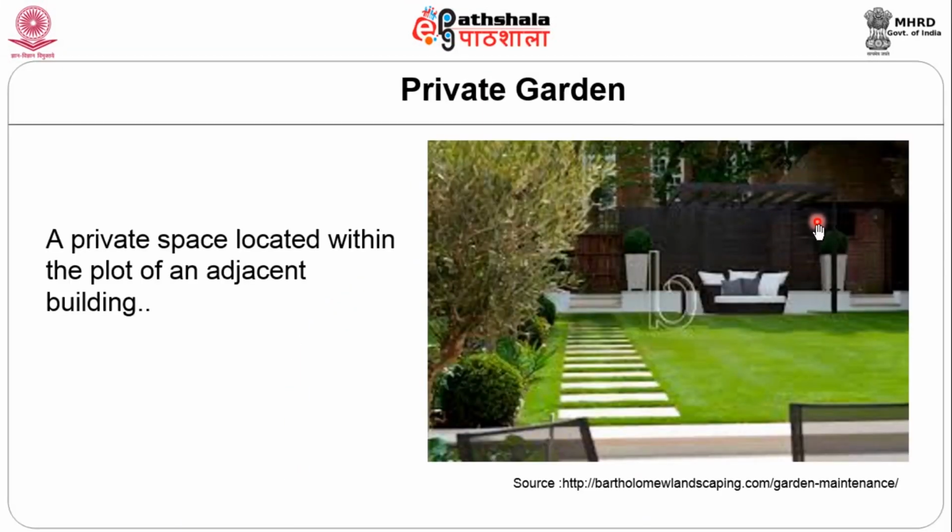It is a private space belonging to certain users, located within the plot of an adjacent building. It can be used only by the people residing in that space, and it is also an open space that gives some breathing area to urban cities.